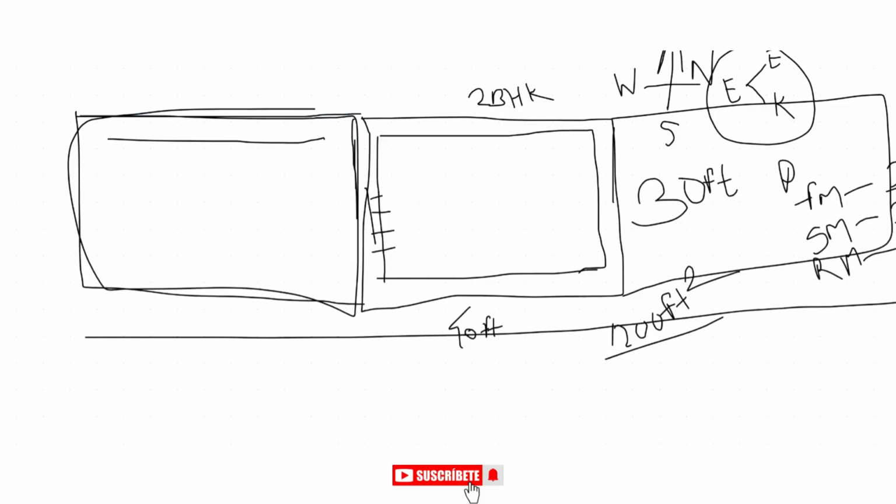Okay, so now, how to plan the rooms. 2 BHK is nothing but 2 bedrooms, 1 hall, 1 kitchen, along with bathroom and WC bath. Now I keep this in 4 quadrants.